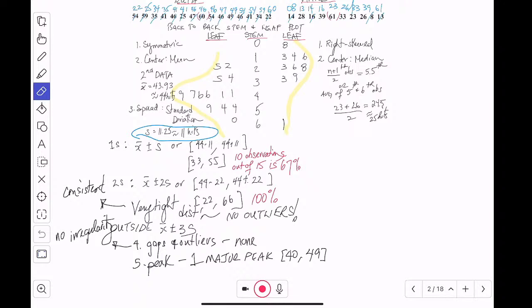And what I concluded was that it's a very tight distribution. All the data is within 2 standard deviations, where we define outside of 3 standard deviations, you would find outliers. We're not even close to that. All the data is together.